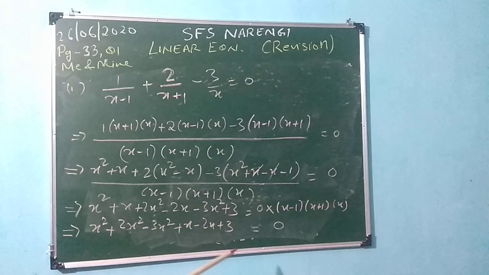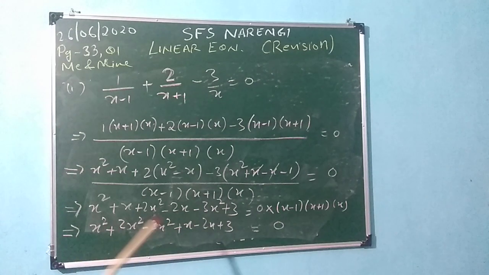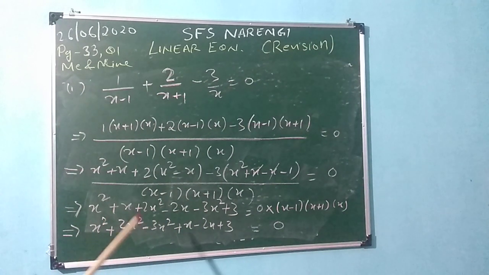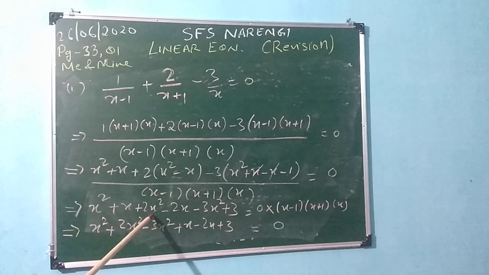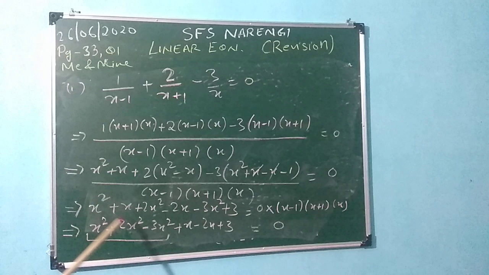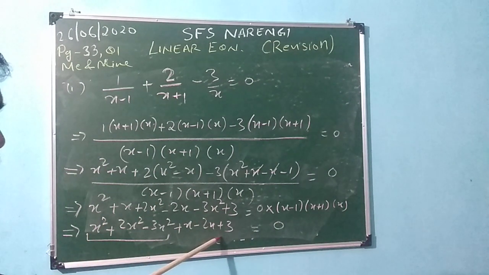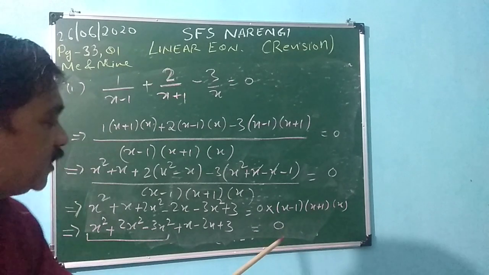There is no constant, these are all variables, okay, 3 is a constant but x terms are variables. So I am bringing all the like terms together, x square plus 2x square and minus 3x square, this is one like term. The other like terms are x and minus 2x, here it is, and this plus 3, and 0 multiplied with all this will get 0.